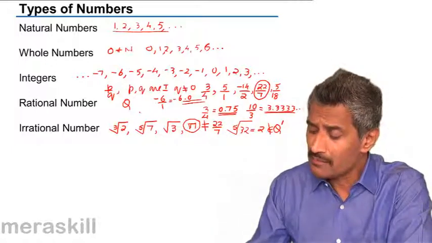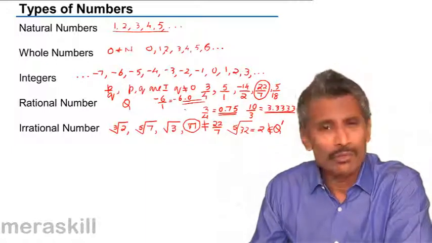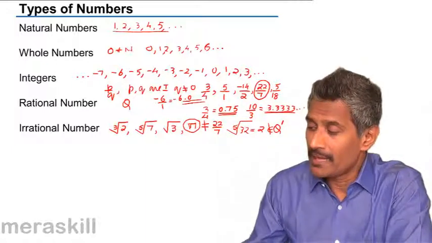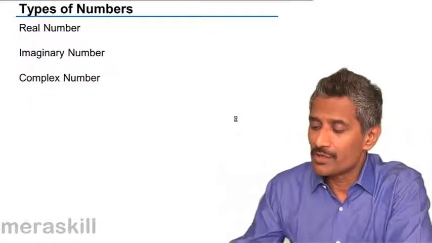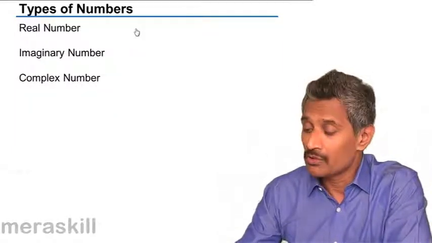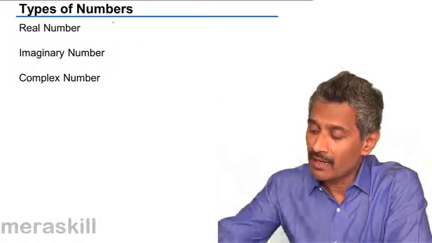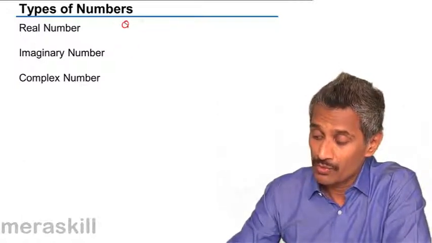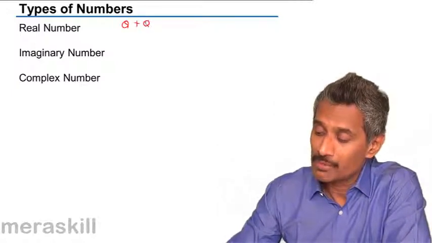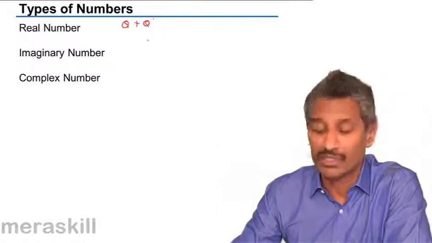Now, from irrational numbers, we move a little beyond that, and we have the set of real numbers. The real numbers are everything. Rational numbers, that is Q, plus Q dash put together will form the set of real numbers.